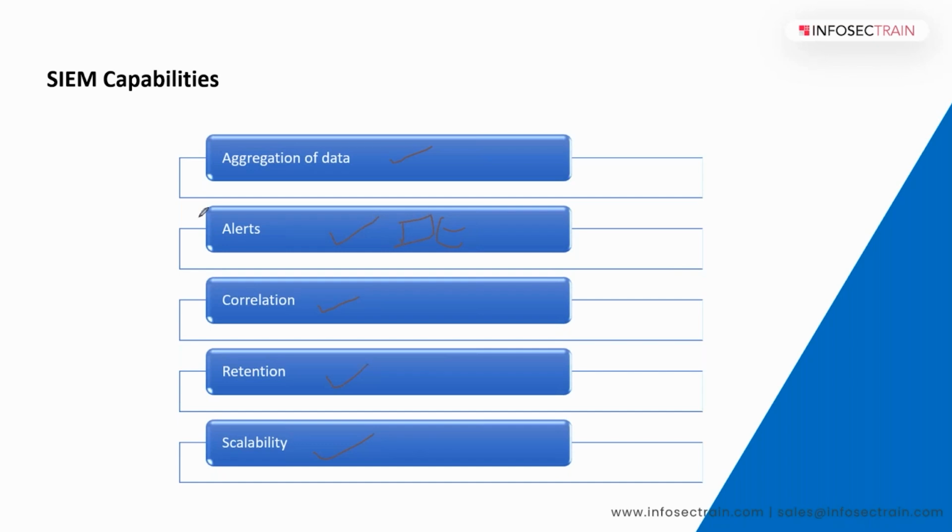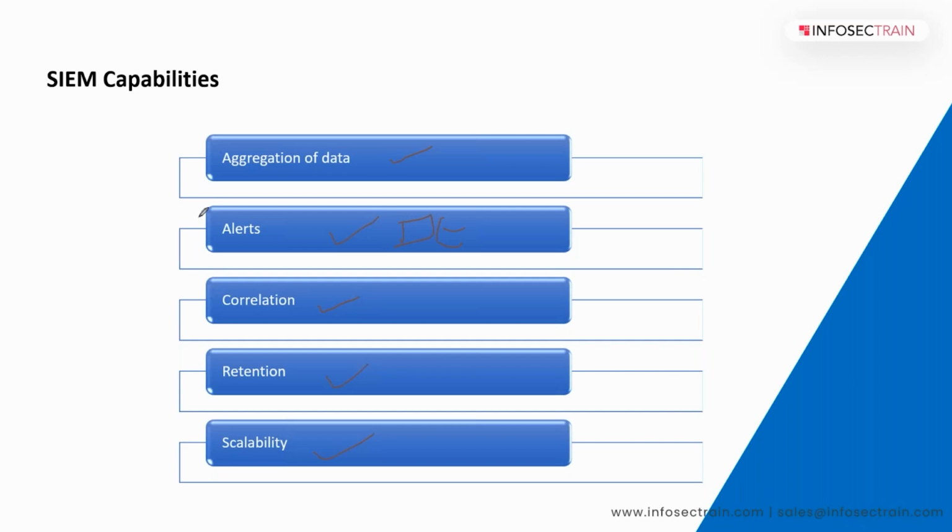Okay, then we have correlation. Now, correlation is what? Looking for common attributes, linking events together. Are they making any meaningful boundaries or not? What technology has been used, from where these events or logs have been collected. Okay, so in order to turn the data into useful information, we have correlation.